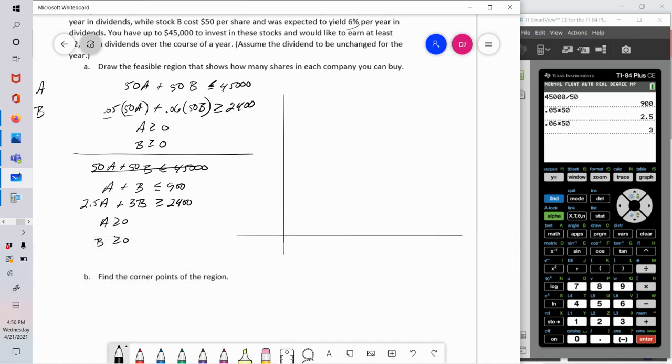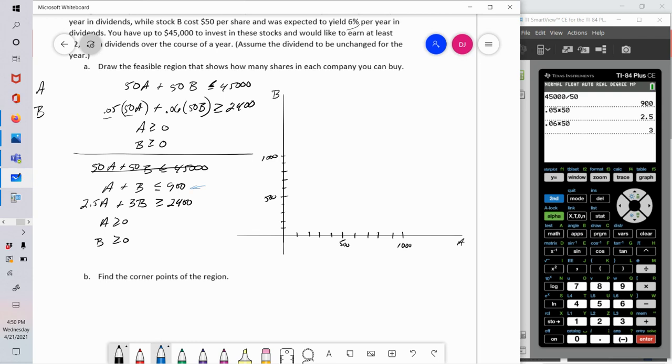Quite honestly, it's not going to matter, but I'm going to put A on the x-axis and B on the B-axis. And let's just go 100, 200, 300, 400, 500, 600, 700, 800, 900, 1000, on both axes. And let's graph these.